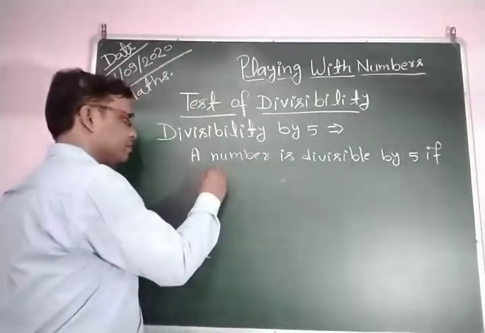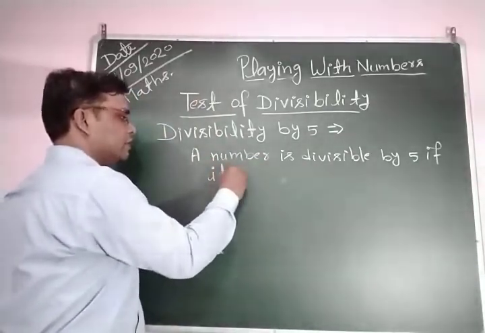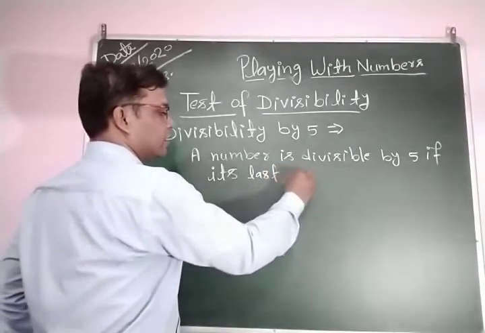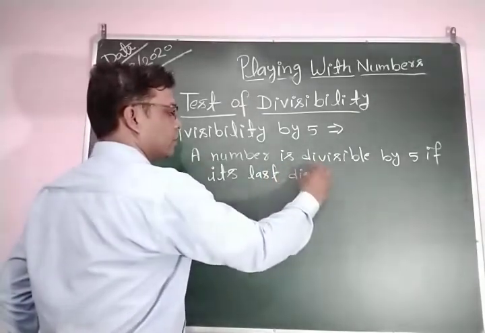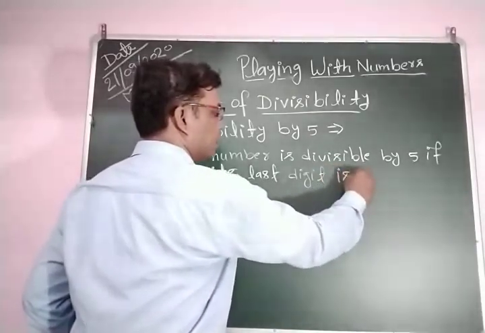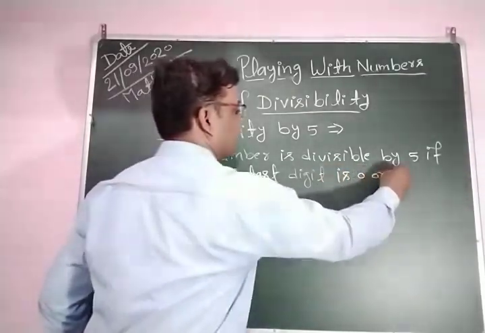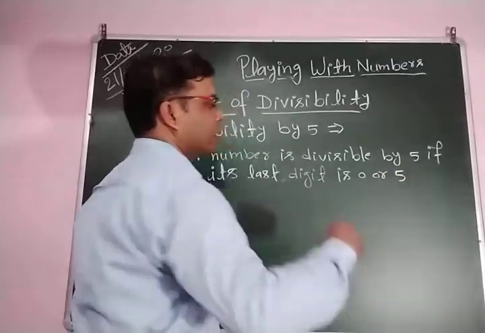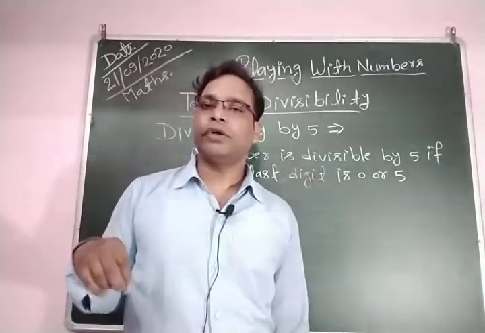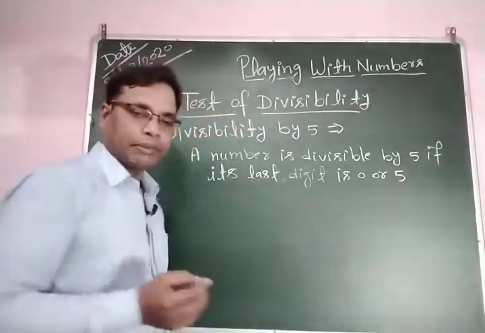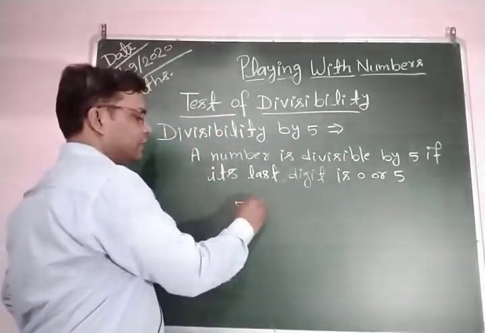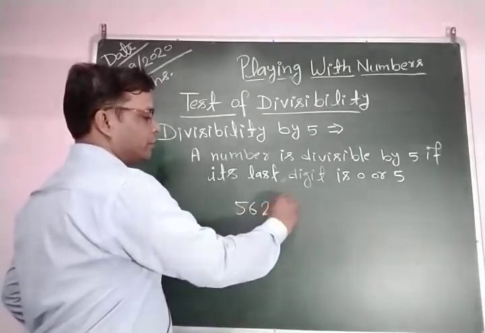Any number is divisible by 5 if its last digit is 0 or 5. So we take some examples like 56203.